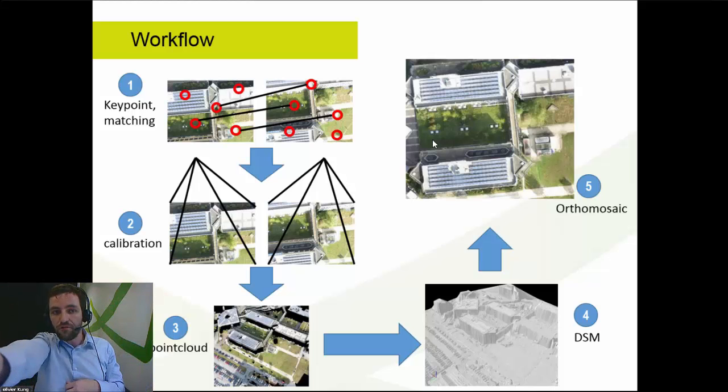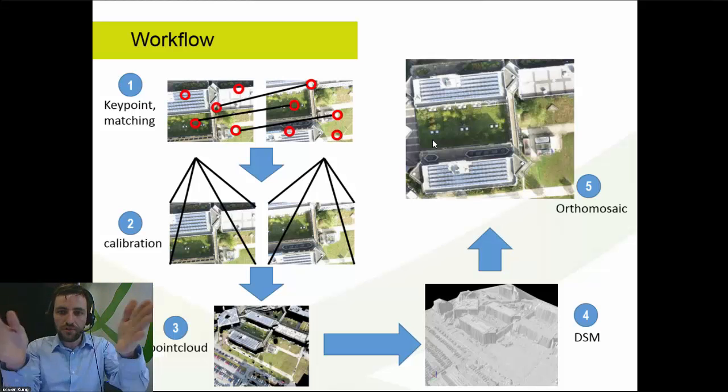Objects which are very far away will be very small on the image, and objects which are very close to the camera will be actually very big in the image. And thanks to the change of the object size, using multiple images, it's possible just purely from images to compute back the distance to this object.